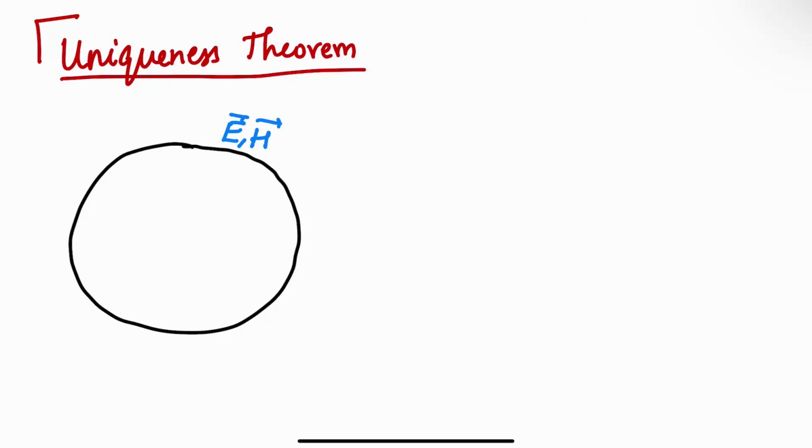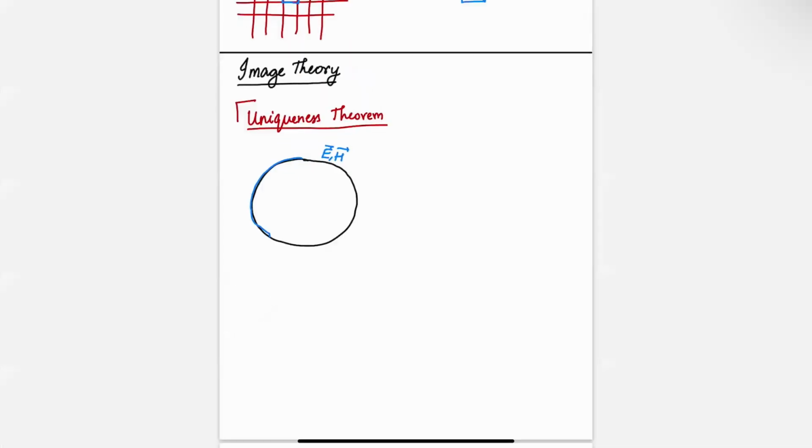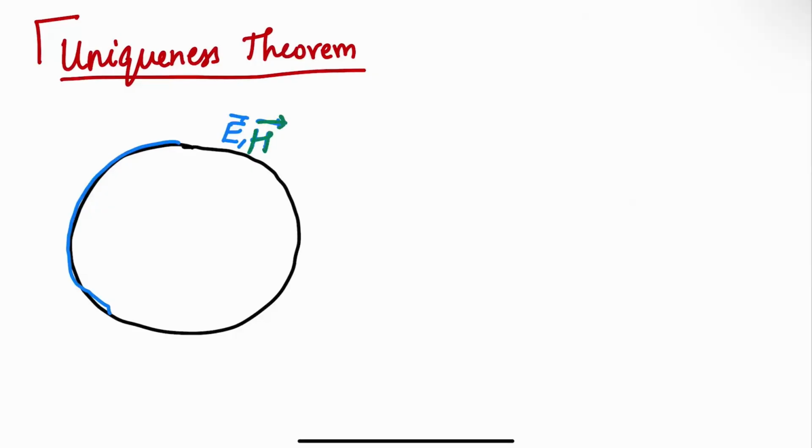It says that you can either know E everywhere, or you need to know H everywhere, or you need to know E maybe in some region, and then, let's say green is H, and H in the rest of the region. Then the fields inside this boundary are unique and can be uniquely determined. Okay, that's what uniqueness says. It comes from uniqueness of solutions to differential equations, basically. And we'll develop it more rigorously in the next lecture.